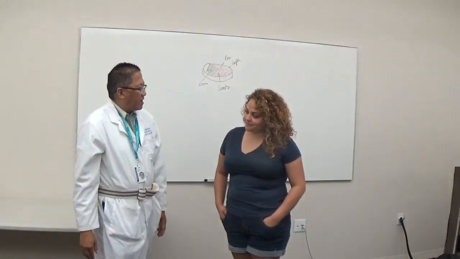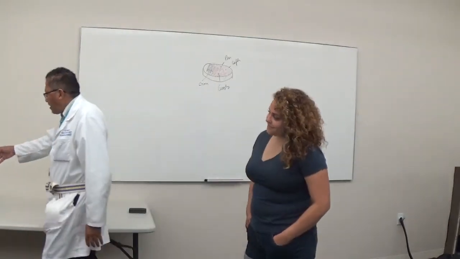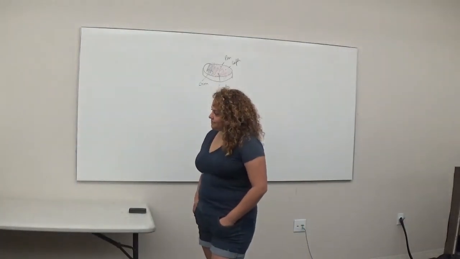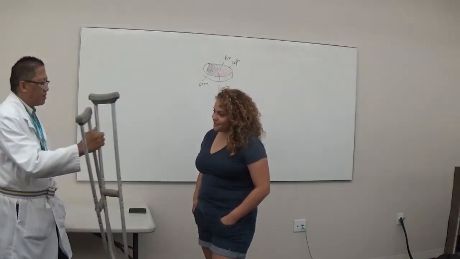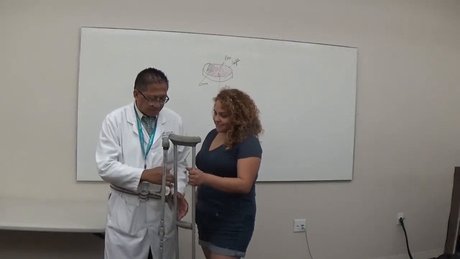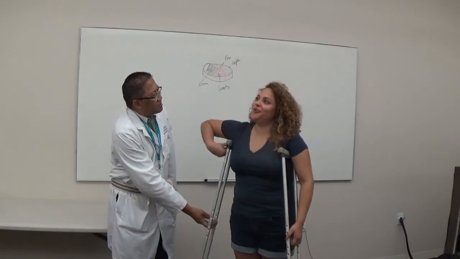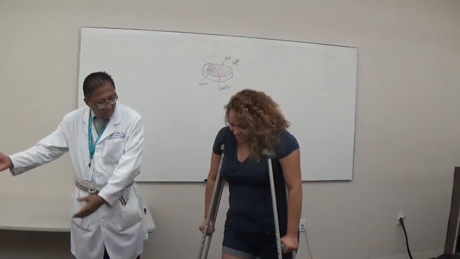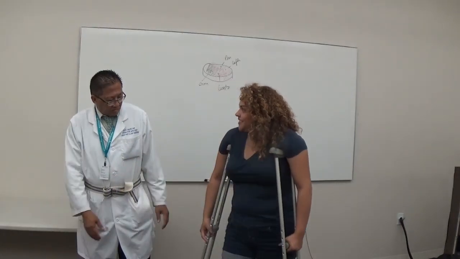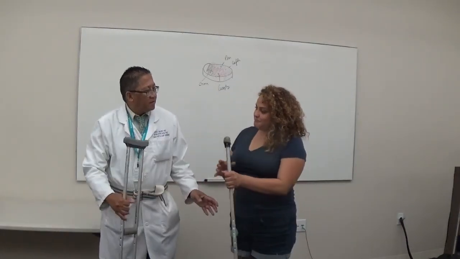What about the pair of crutches? Can we use the pair of crutches here, my dear? No. It would be hard for you, no? Have you ever tried wearing crutches? Okay, go ahead. Do you think I can use this? Why not?